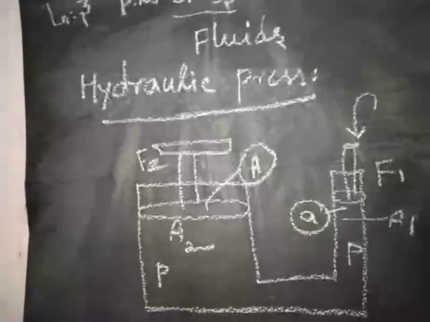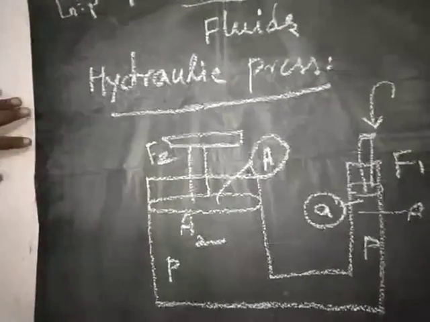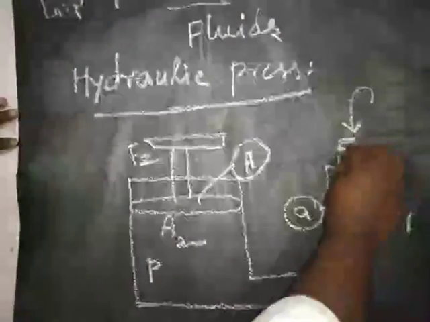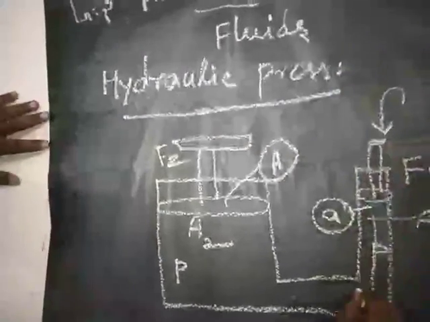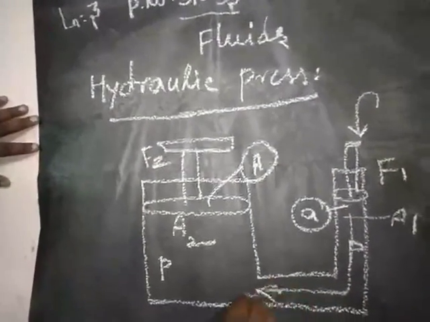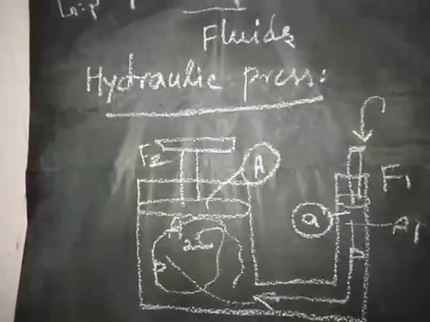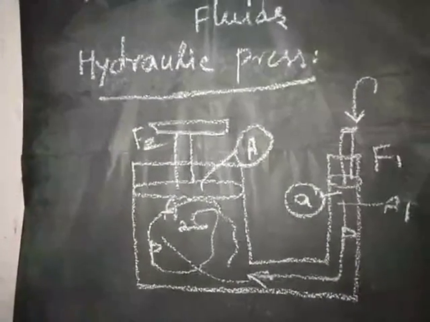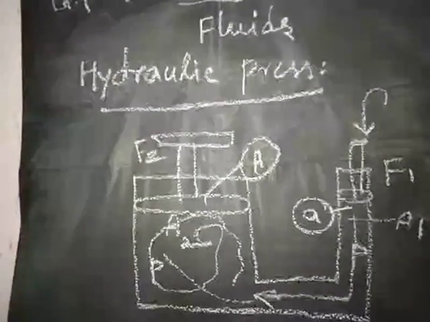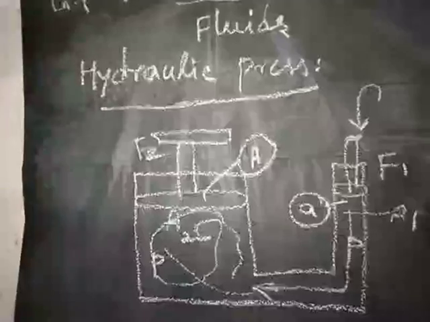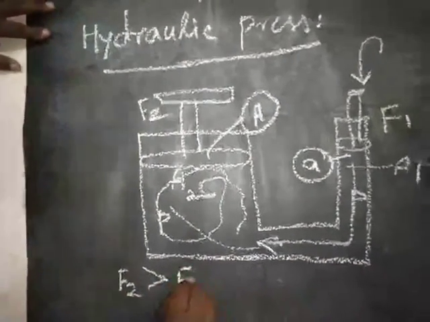The pressure P produced by the small piston is transmitted equally to the large piston, and the force F2 acts on A2. F2 is greater than F1.